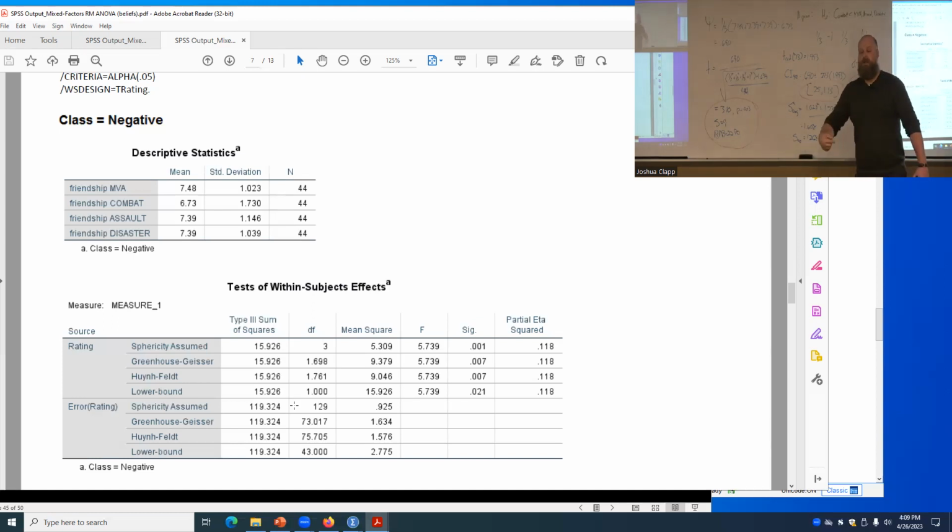SPSS will do some things better for us now, but we still have to pick up the rest. But the nice thing here is remember all that nastiness in terms of violation of homogeneity of variance. Here we're just running a one-way for this one group. We lose some power because we're just looking at this one thing, but I'll take that as an acceptable penalty for the fact that my design's kind of all over the board.